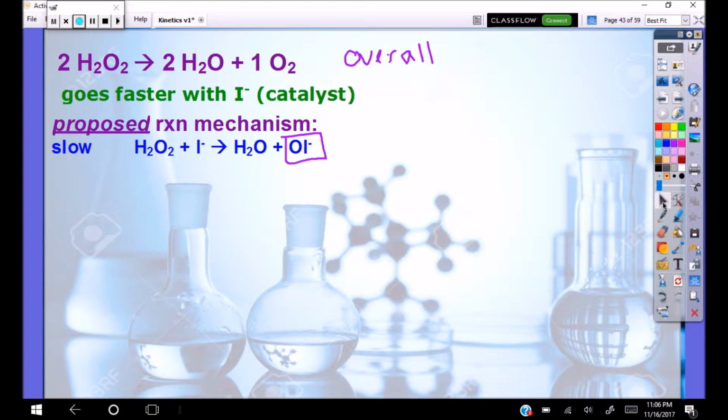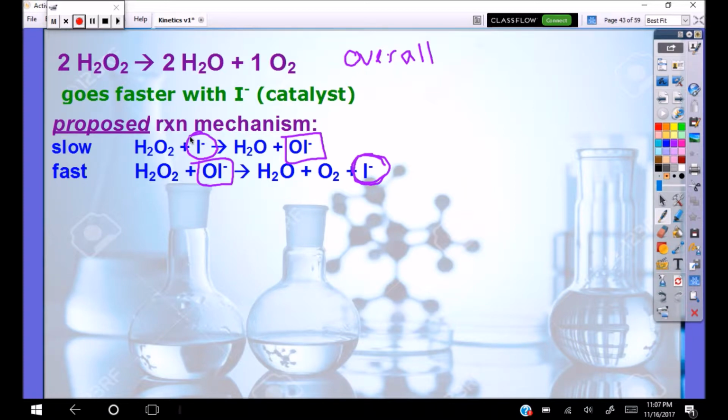And that can be used in the next step. That complex can be used as a reactant and help aid in the decomposition even further, and we end up with H2O and O2, which is what we want. And the important part here is that our catalyst comes back out as a product. So the catalyst is both a reactant and a product.